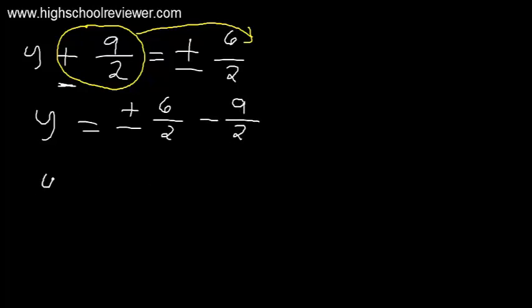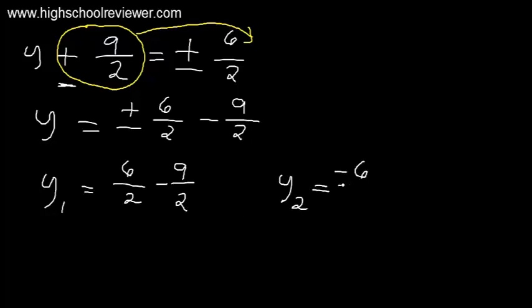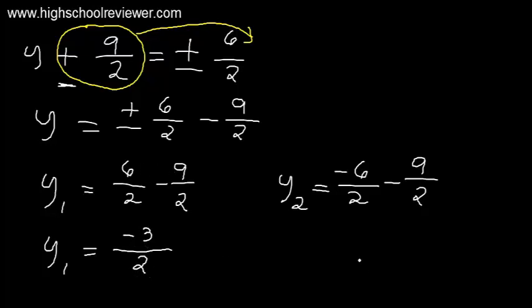So our y sub 1 here will be plus 6 over 2 minus 9 over 2. Our y sub 2 will be minus 6 over 2 minus 9 over 2. So our y sub 1 will be, copy the denominator, which is 2, 6 minus 9, that is negative 3. And this will also be negative 1 and 1/2.